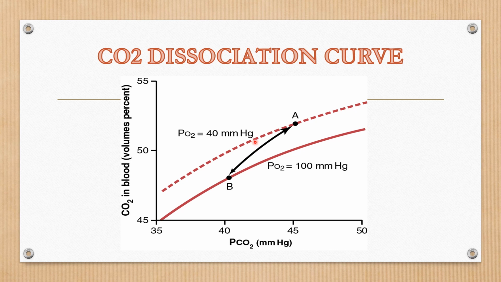So in tissues, at PO2 of only 40, more CO2 is drawn into the blood. And the same curve shifts to the right when the blood reaches the lungs. Blood with PCO2 of 45 mmHg in the lungs is capable of releasing more CO2 at PO2 of 100 mmHg. So Haldane's effect shifts the curve to the right in the pulmonary capillaries.